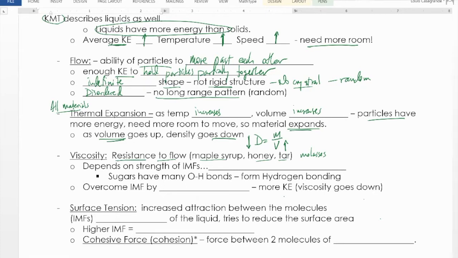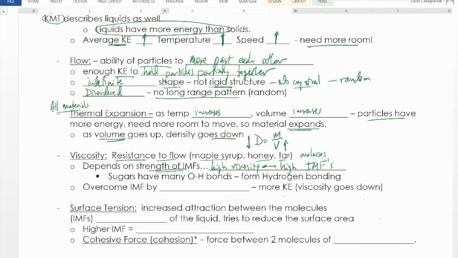And this resistance to flow depends on the strength of the IMFs, the intermolecular forces. So high viscosity is an indication of high intermolecular forces, and it goes back the other way as well. So let me redo that double-headed arrow. So high intermolecular forces give high viscosity.